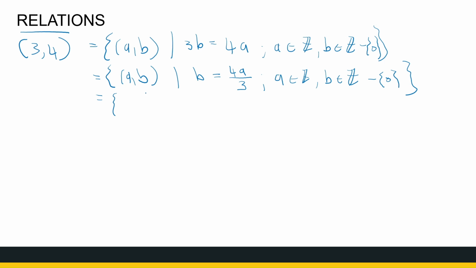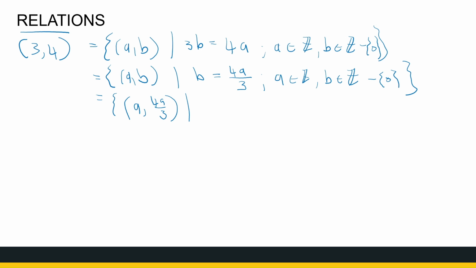If the b value is equal to 4a over 3, then I've got the set of all a's and 4a over 3. So I eliminated the b. But a then can't be any integer, can it? Well, it has to be an integer so that the b I generate also becomes an integer.